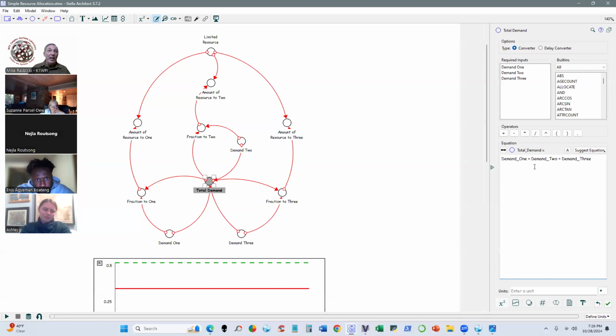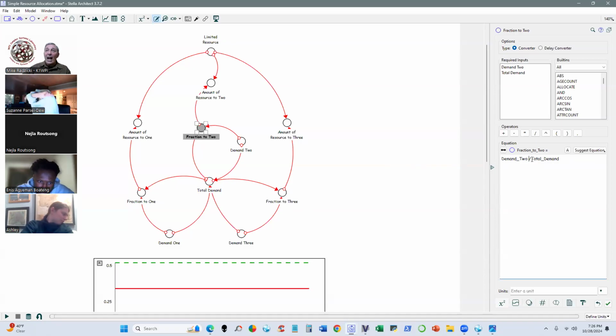That's your total demand. And then put each demand in the numerator. I guess I could have used 2 slashes here to make it robust. I think I did this originally in Vensim and I just opened it up. I didn't take the time to convert it.